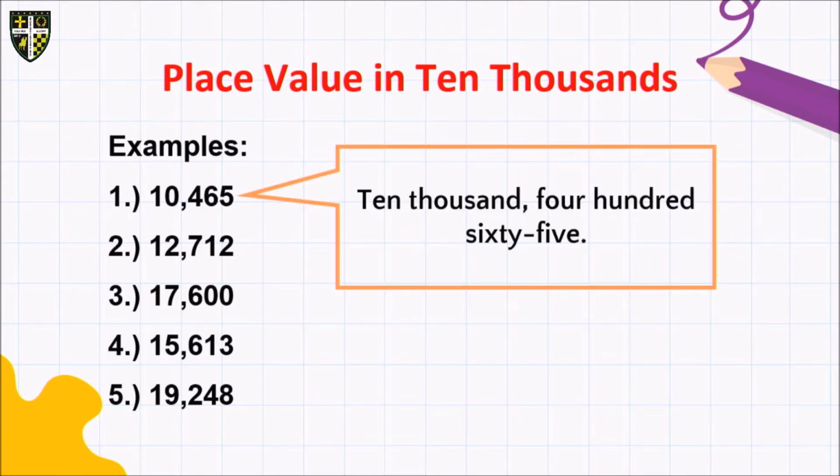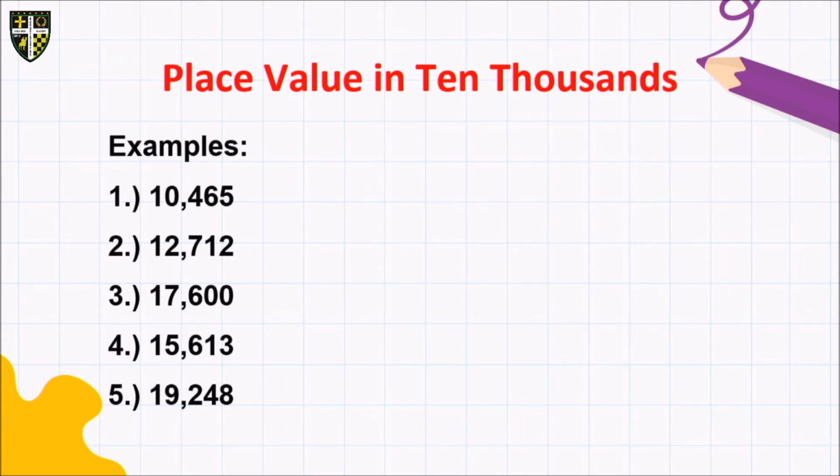Now we are in the 10,000 place, but in the thousand period. So we will write 10,000, comma, 465, period. Again, when we are talking about a two-digit number, for example 65, don't forget the dash. As you can see on your monitor, 60 and then dash 5.